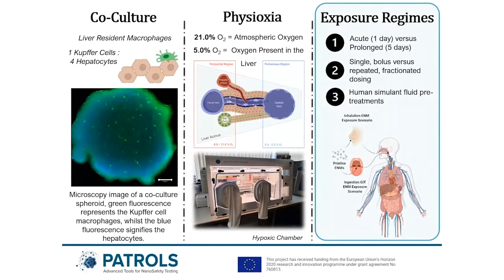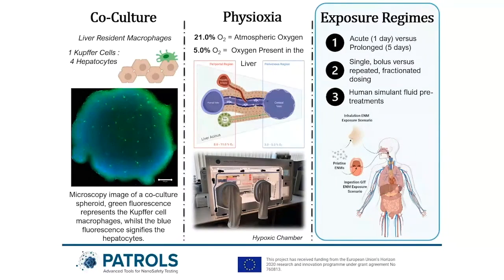In this case, it was the addition of liver-resident macrophages, known as Kupffer cells, as these are the main cells required for initiating an immune response to help clear the foreign material. To replicate human physiology, for every 4 HepG2 hepatocytes, we added 1 Kupffer cell. This ratio worked really well as we saw great integration of the 2 cell types within the spheroid, as shown here in this confocal microscopy image.